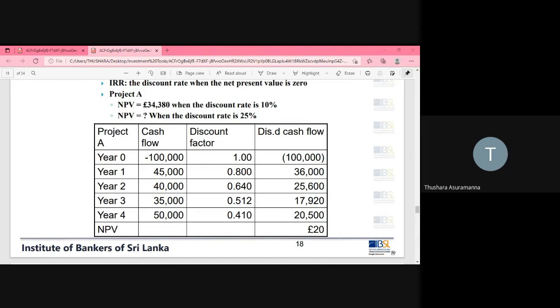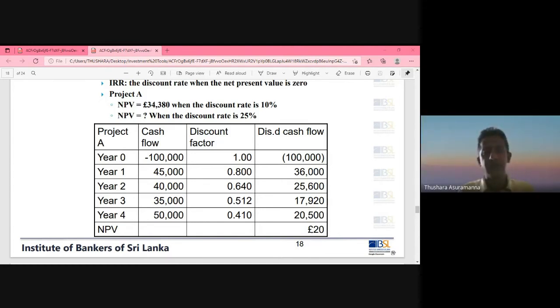Then the particular project should give more than what you're expecting. That's how we are going to compare the IRR with the required rate of return. Similarly with the IRR also, if there's one project, you might say, this is my required rate of return. So I need to get more than that if I want to invest with you.